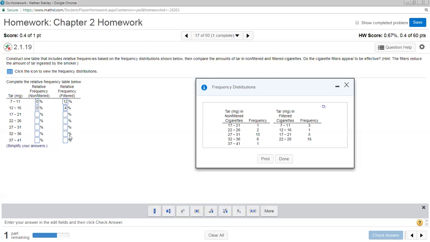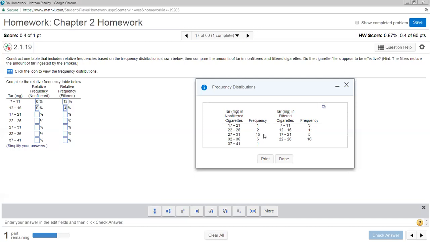And let's move on. What about the range of 17 to 21 milligrams of tar? Well, it turns out that there are actually cigarettes that fall in that class among both non-filtered and filtered cigarettes. So let's go first to this non-filtered cigarette group. Its relative frequency would be 1 out of 25, because this column does sum up to 25, just like the other column does.